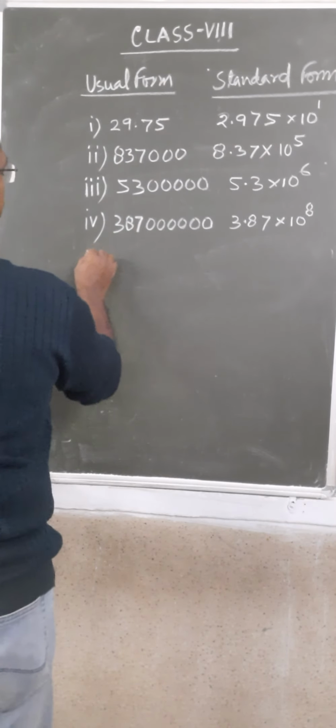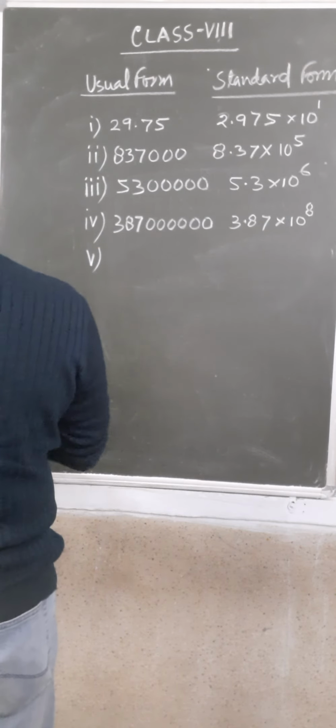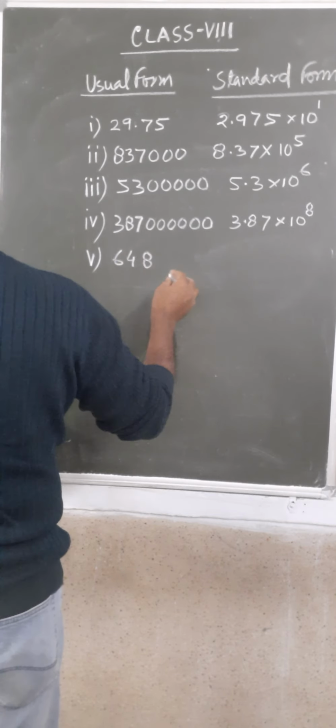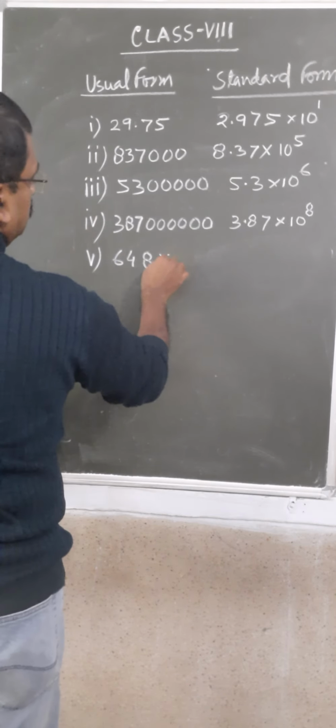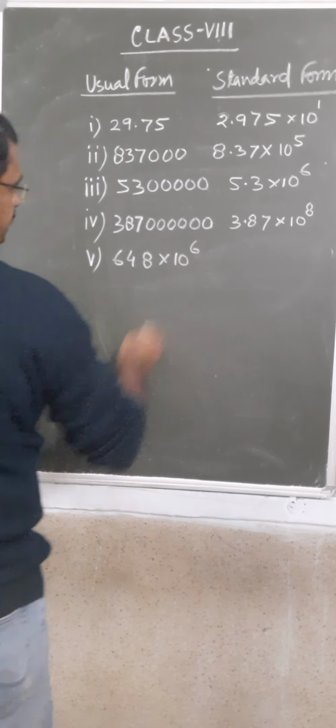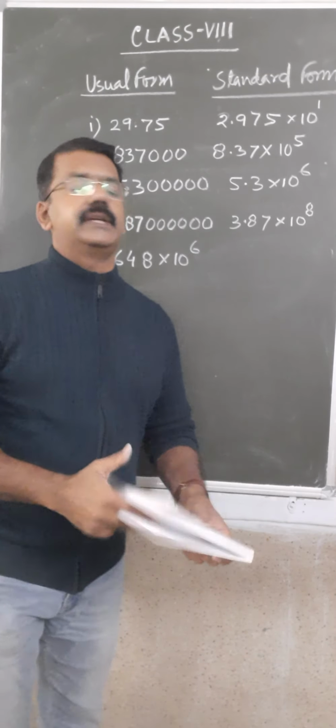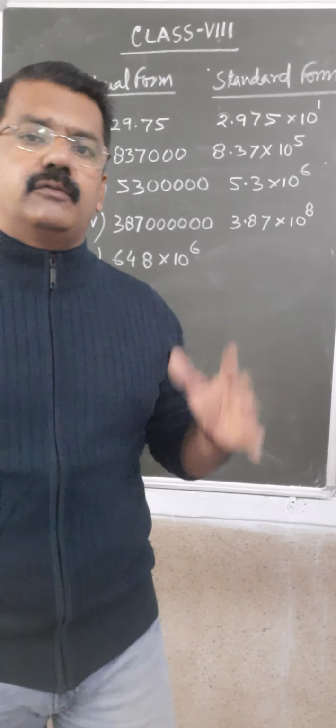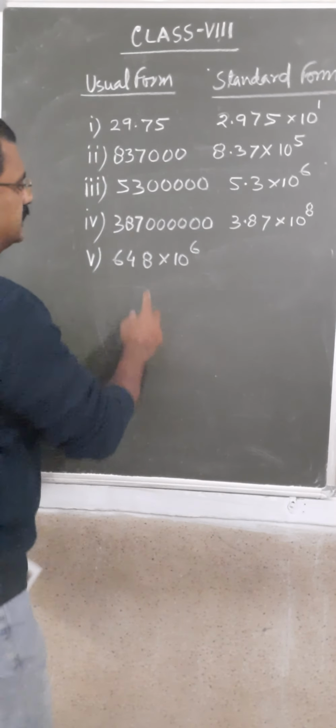Now one more part. 648 into 10 to the power 6. Now here you see 648 does not lie between 1 and 10. So you can assume the decimal is here right now.